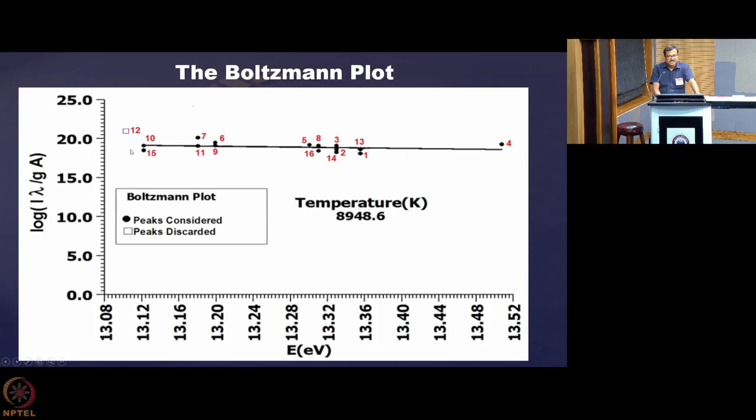But when you consider all the wavelengths, the temperature determined from the slope of the line is averaged over all the measurements you have taken. So this is a pretty reliable temperature. And when the scatter is much less, you can be sure that the temperature you are determining is quite accurate.